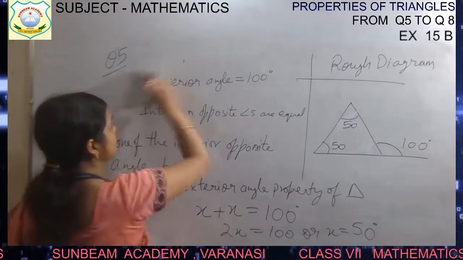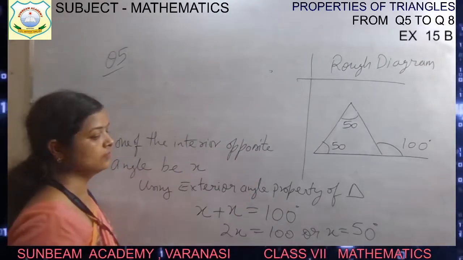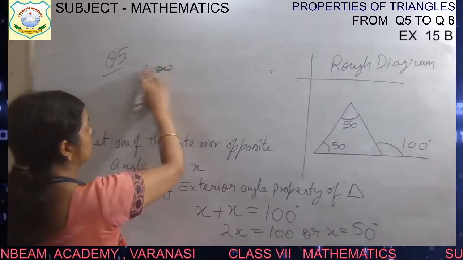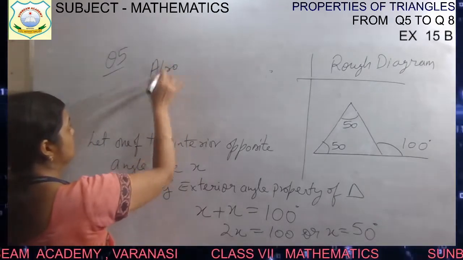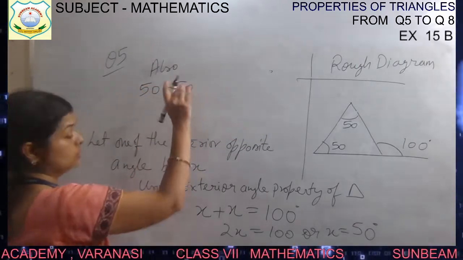So now we will write, hence, also the sum of angles of a triangle is equal to 180 degree.